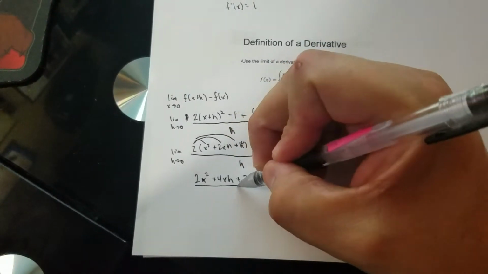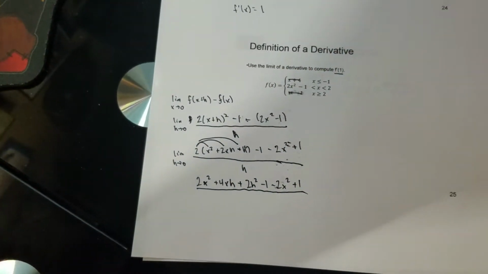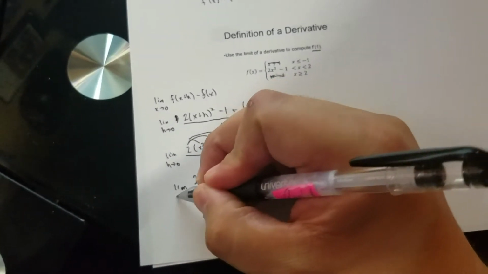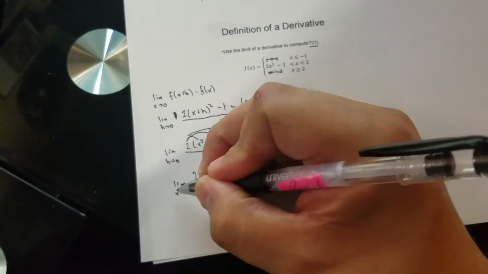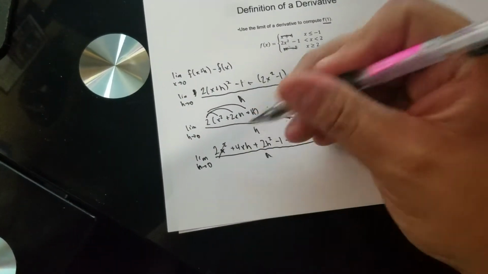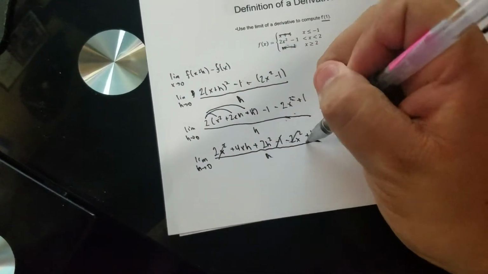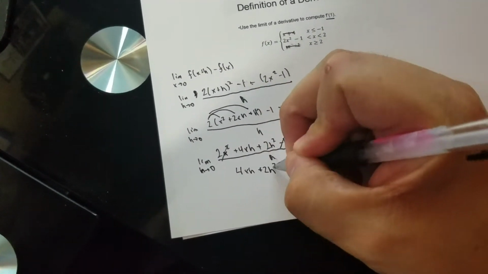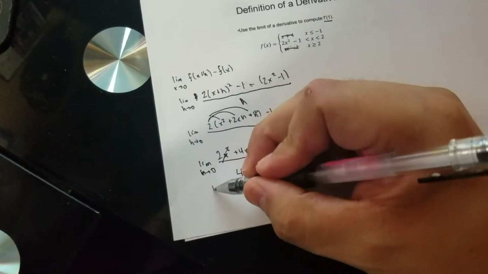Sorry I'm smearing this so much, guys. I know this is pretty ugly. So the 2x squareds cancel, the negative 1's cancel, and the positive 1. So I'm left with 4xh plus 2h squared over h.